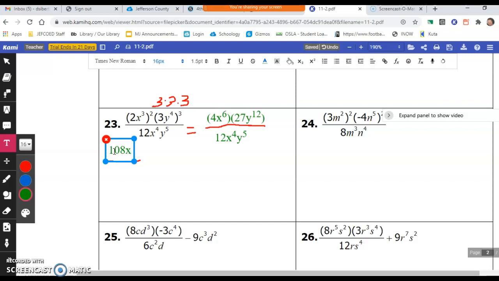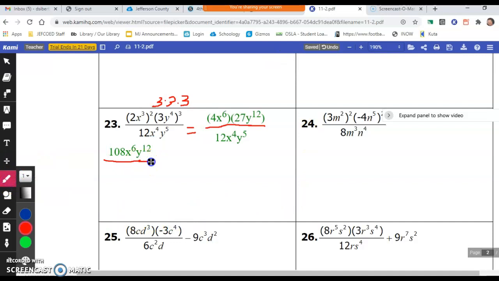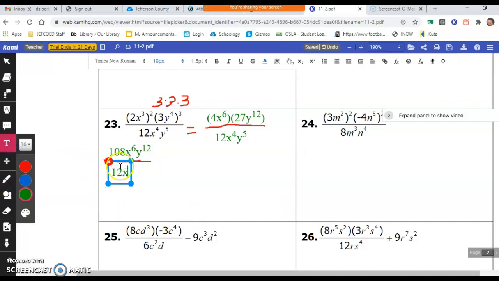That's going to be x to the, is there anything to multiply it by? Nope, so it stays the same, x to the 6th, and y to the 12th. Okay? All right, and then fill in the bottom with what we have not used still: 12x to the 4th and y to the 5th.